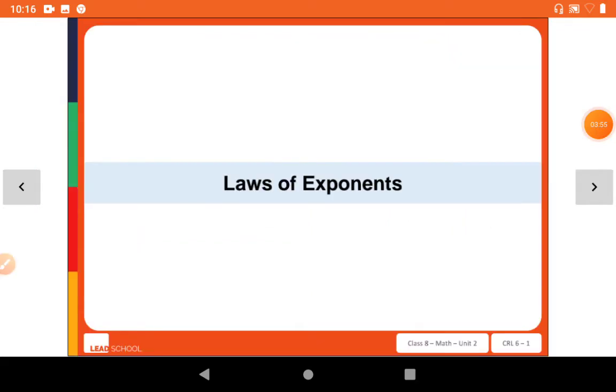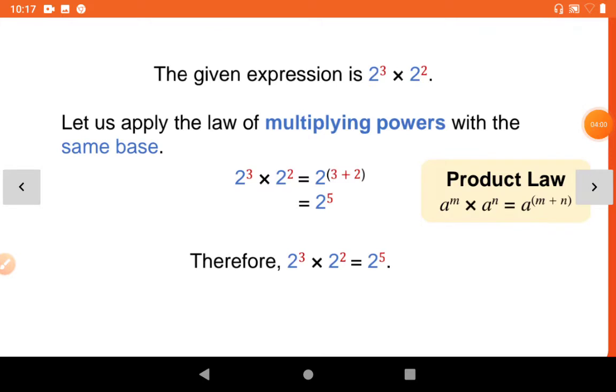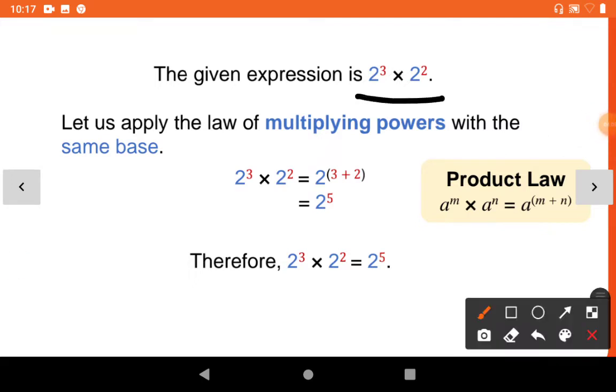Our next topic is laws of exponents. The very first law is product law. Here you can see the given expression is 2 raised to power 3 multiplied by 2 raised to power 2. So bases are of blue color and powers are of red color. You can see both the bases are same.